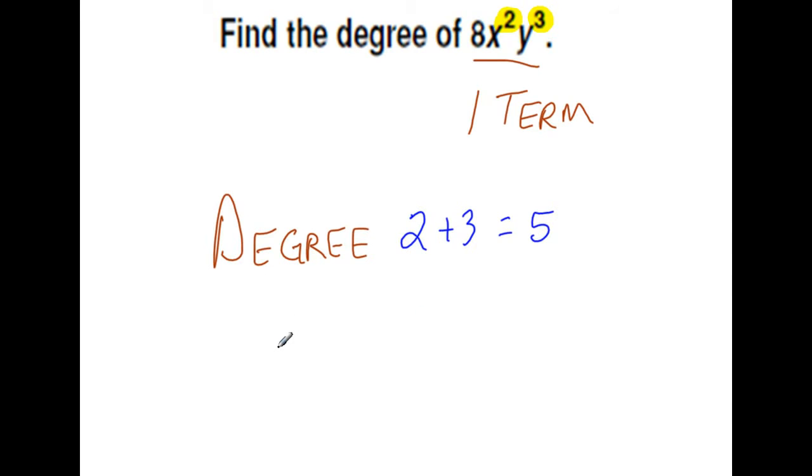Okay, so this is a one term. This is mono. If you ever heard the term mano a mano, it's man on man, or it's one on one, really. Monomial. And it has a degree of 5. And we just call it degree of 5.